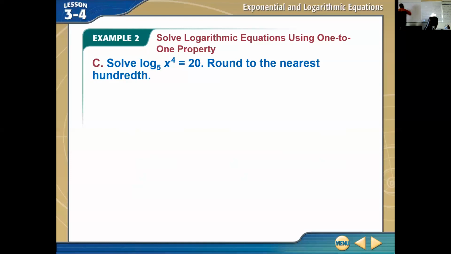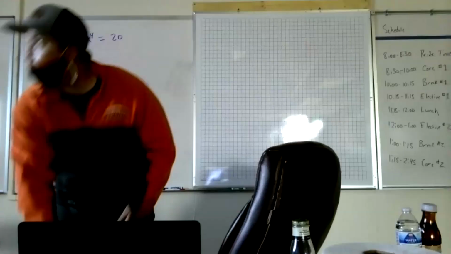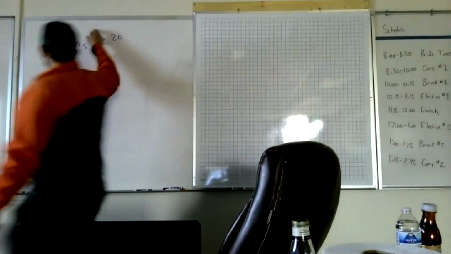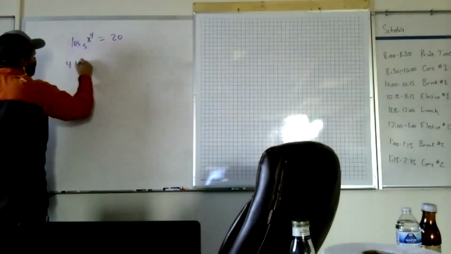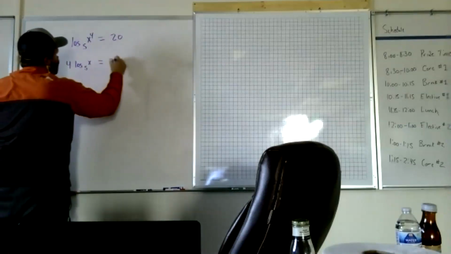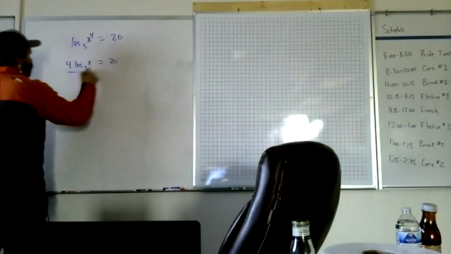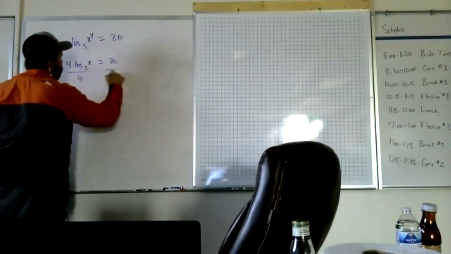All right, so we have log base 5 of x to the fourth equal to 20. First thing that I want to do is use my power property of logarithms to bring this exponent out front. So that's going to be 4 log base 5 of x is equal to 20. I'm going to divide by 4 on both sides.